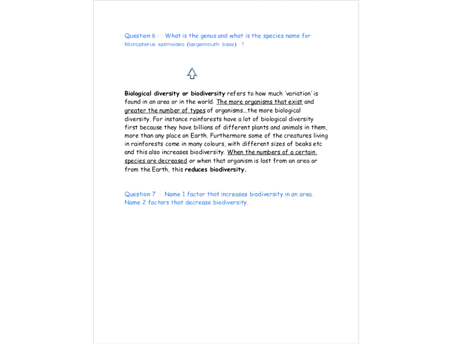So guys, what is the genus and what is the species for Micropterus salmoides? Which part of the name is the genus and which part is the species? Okay, so it's largemouth bass.